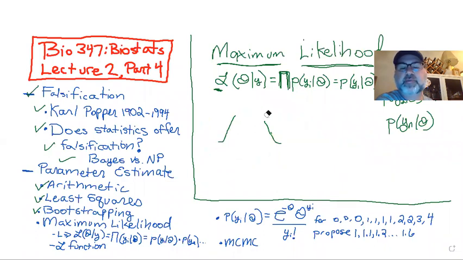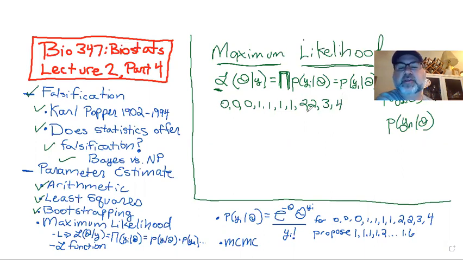As an example in the textbook, if you look at the bottom here, you have some data: 3 zeros, 4 ones, 2, 2, 3, 4.